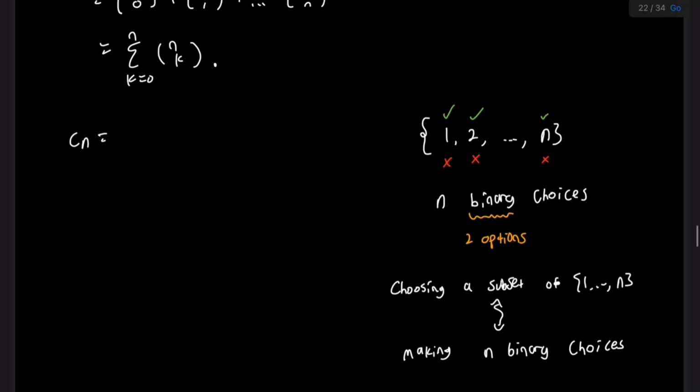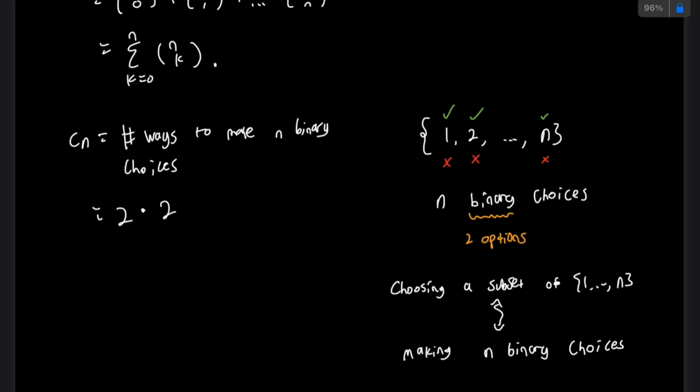So then Cn is the number of ways to make n binary choices. But what is this? Well, we have 2 choices, or 2 options for the first choice. We have 2 options for the second choice.